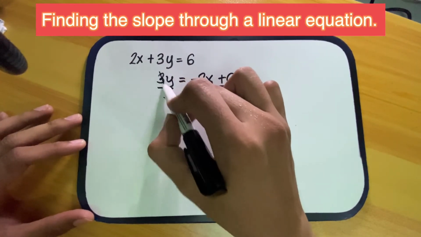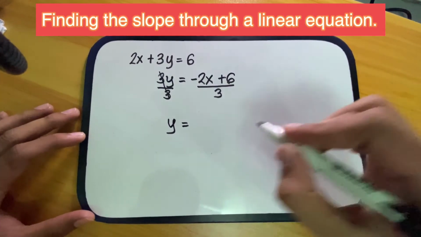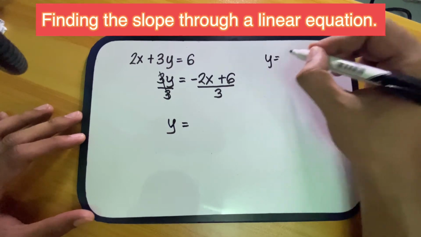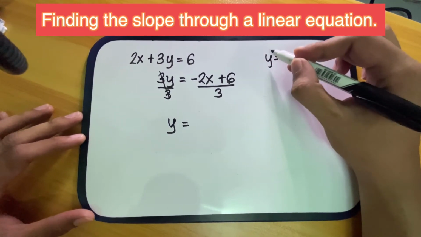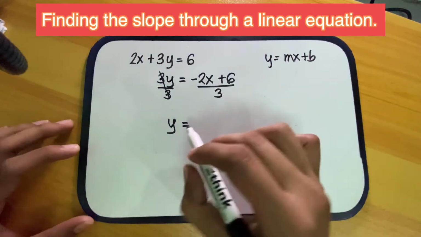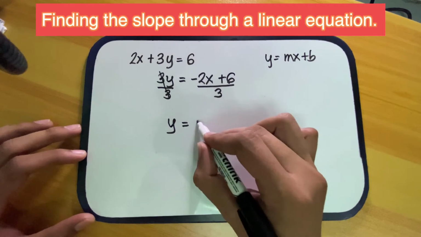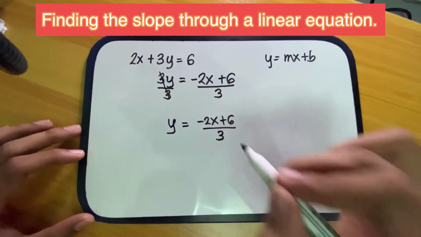So they cancel, and the remaining is y, because we need to follow the form y equals mx plus b. Only y should be left on the left side. So y is equal to negative 2x plus 6, all over 3.